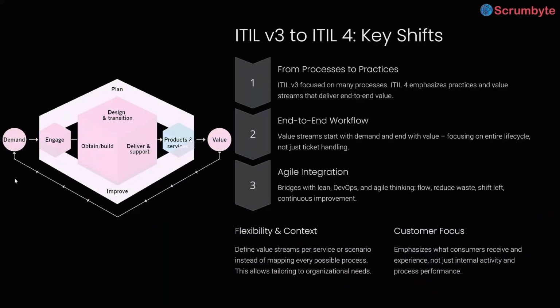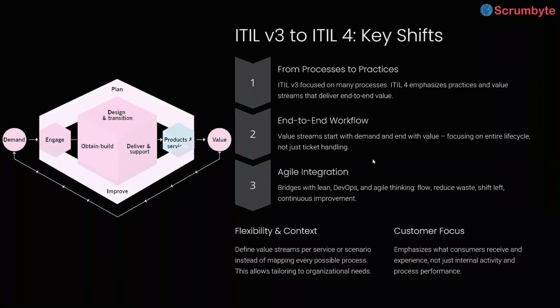You can see in this diagram there is a demand, and ultimately you have all these 6 different generic activities that we talked about: engage, plan, design and transition, obtain/build, deliver and support, improve, products and services, going to value, and it repeats itself.